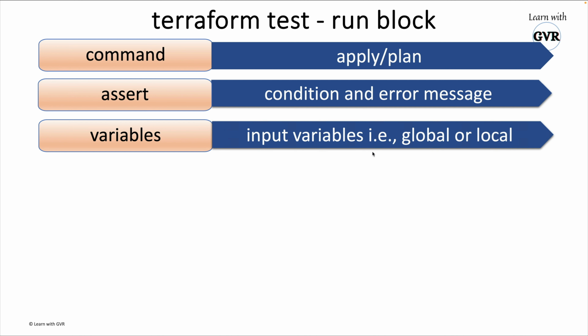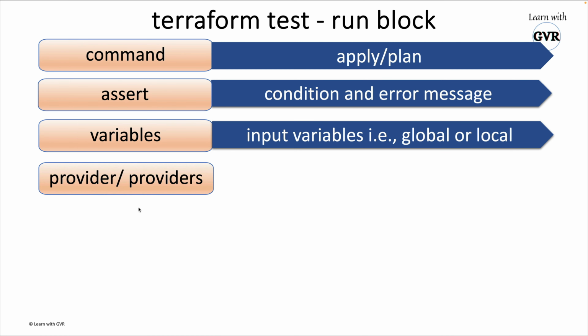What is that? We know only the input variable, but you can override an input variable in the Terraform test block. It means if you have defined 5 test cases, you can give 5 different values, so you need not modify your tfvars file.